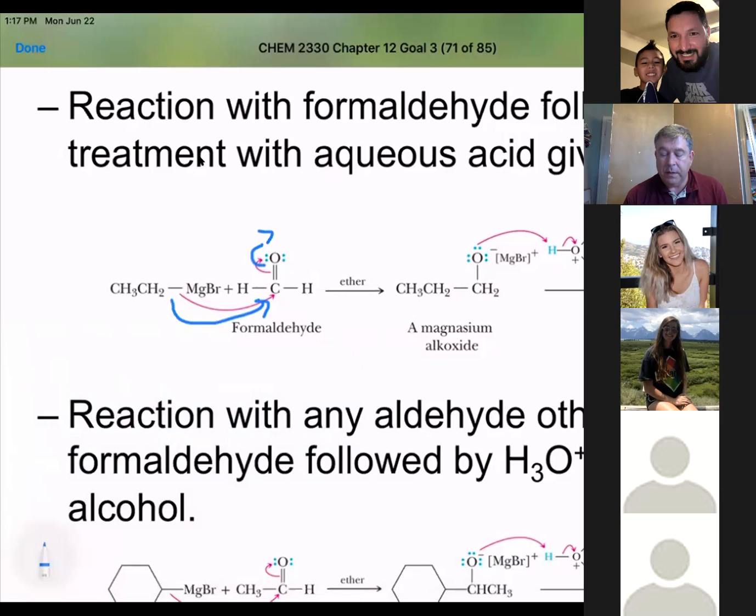And then if we quench that reaction with water or anything acidic, we'll end up getting an alcohol. So anytime you have a carbonyl attacked by a Grignard reagent, you create an alcohol.